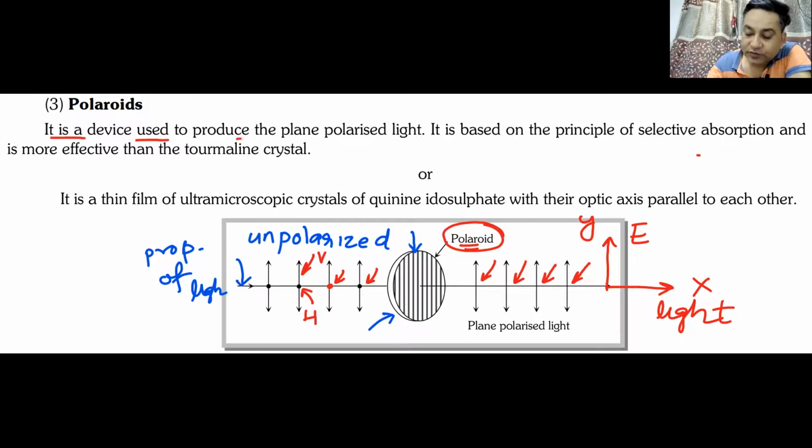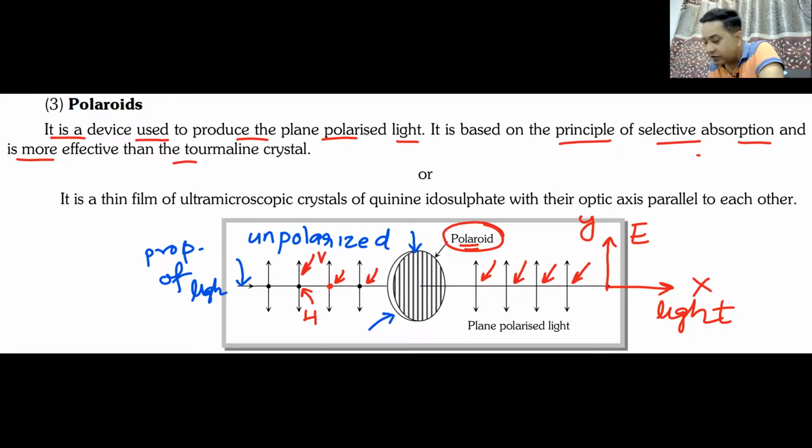So what is a Polaroid? It's a device used to produce plane polarized light. It is based on the principle of selective absorption and is more effective than a crystal of tourmaline. It basically consists of a thin film of ultramicroscopic crystals of quinine sulfate. You must remember this name. And their optical axes are parallel to each other.